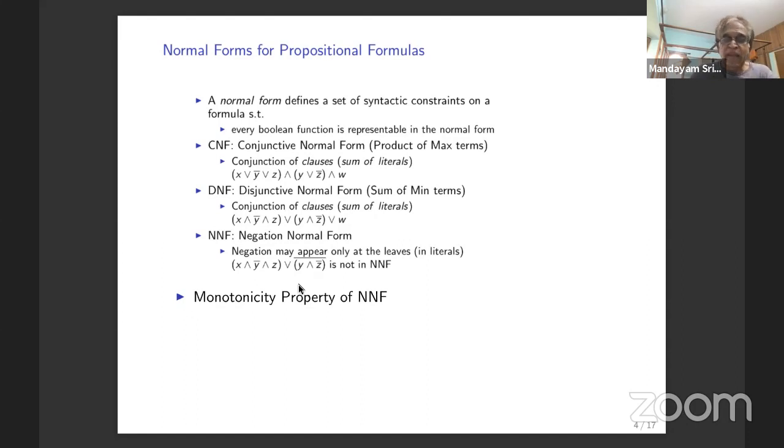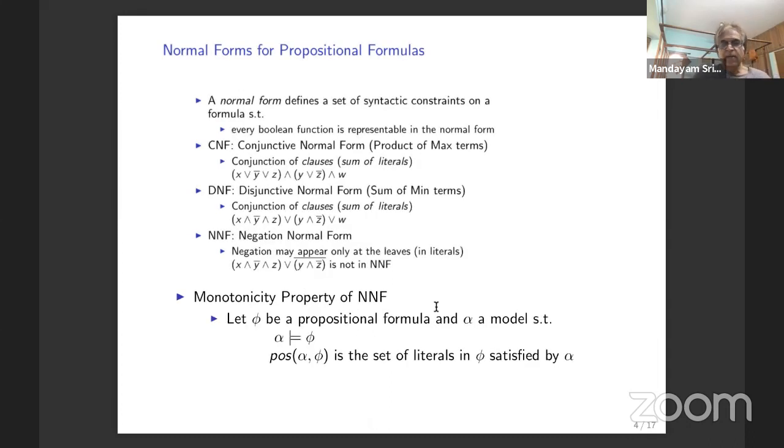Getting formulas into negation normal form is interesting because they satisfy a monotonicity property that can be exploited in manipulating and deciding formulas.